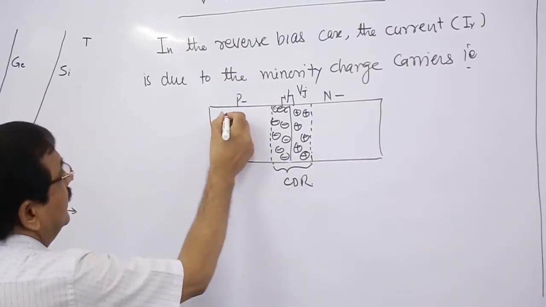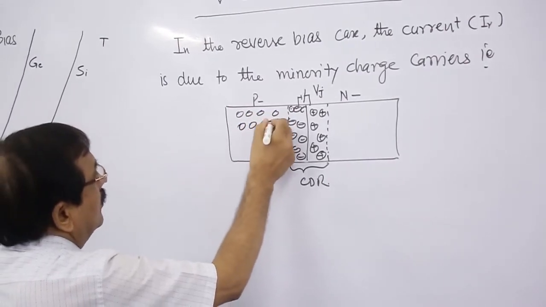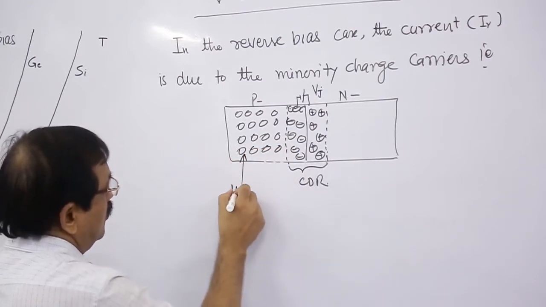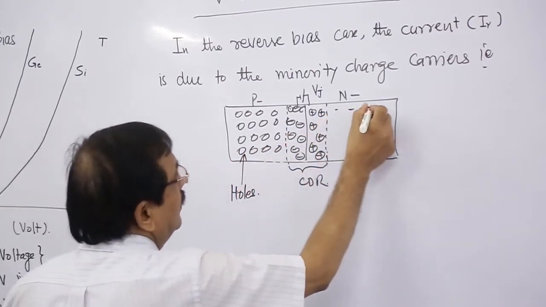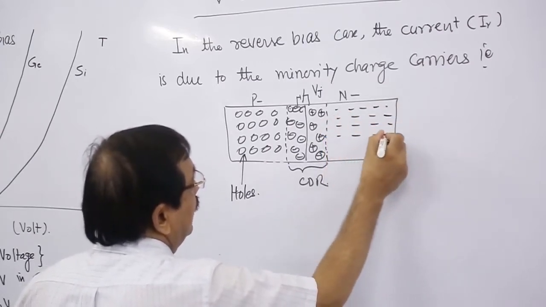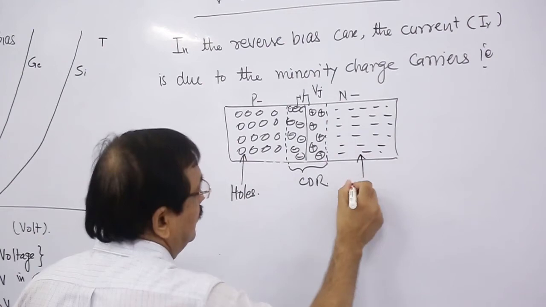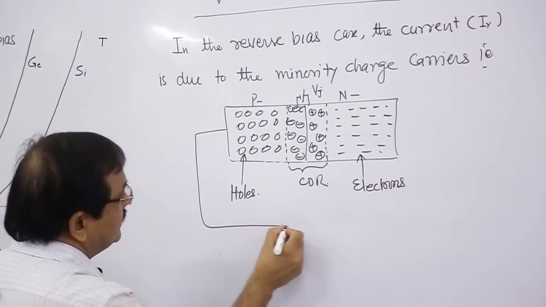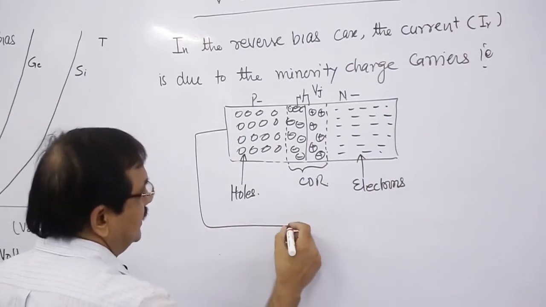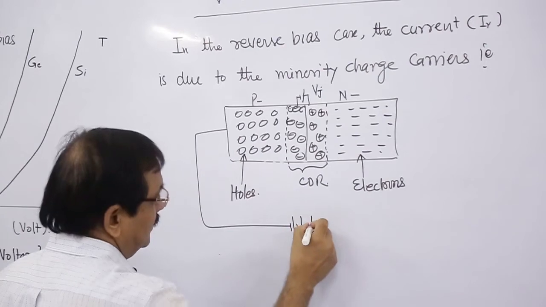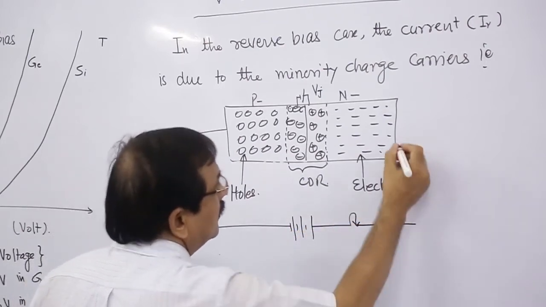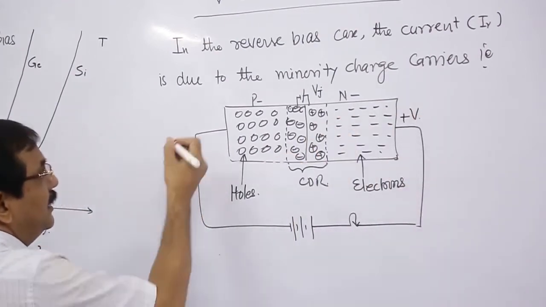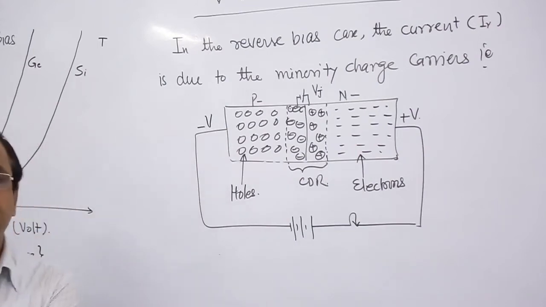Now, here it is holes, and this side electrons. The external potential is something like this: at this point a positive potential and at this point a negative potential.